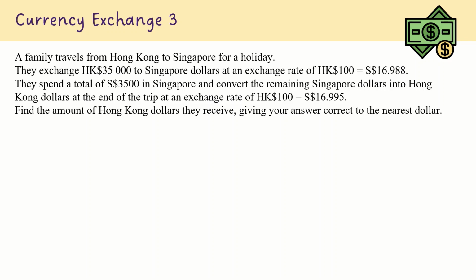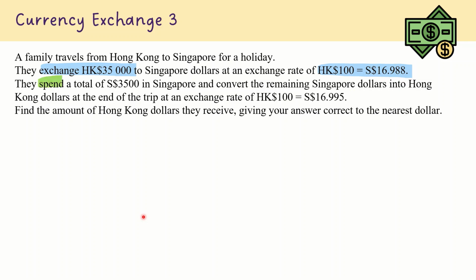In the third example related to currency exchange, we will look at this word problem here. It says that a family travels from Hong Kong to Singapore for a holiday. They exchange 35,000 Hong Kong dollars to Singapore dollars at an exchange rate of 100 Hong Kong dollars to 16.988 Sing dollars.